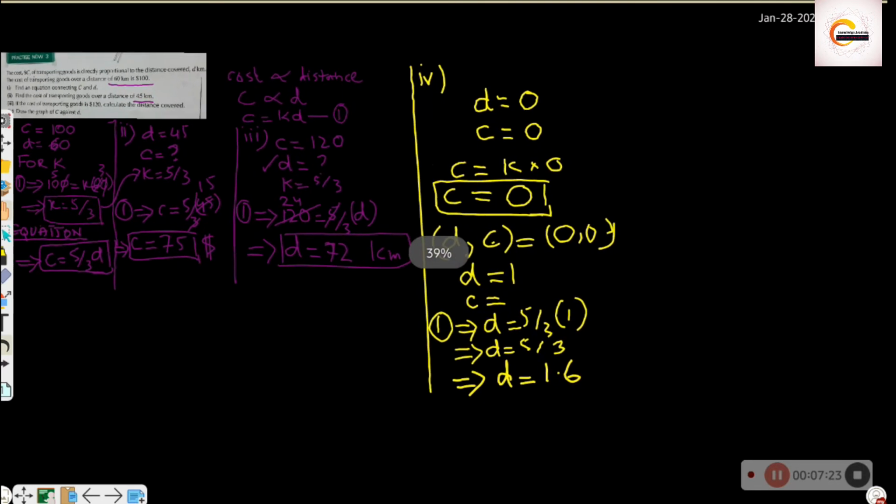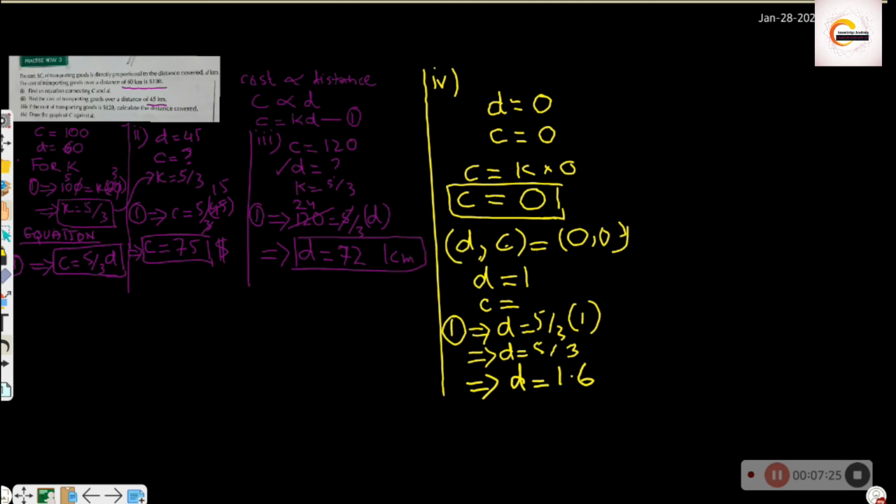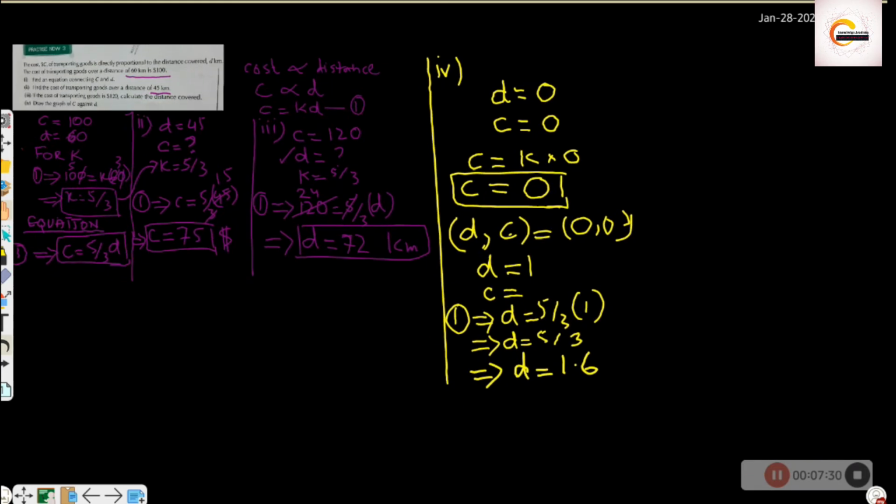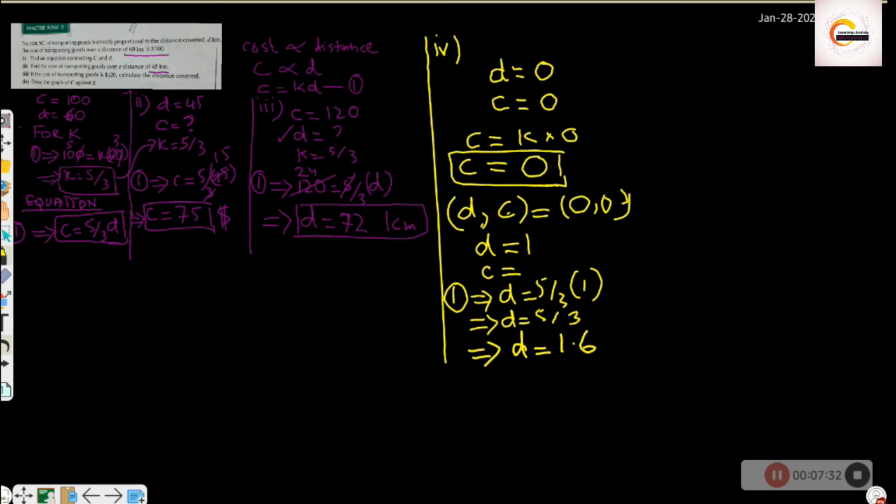Now for the graph, it's just a rough graph.